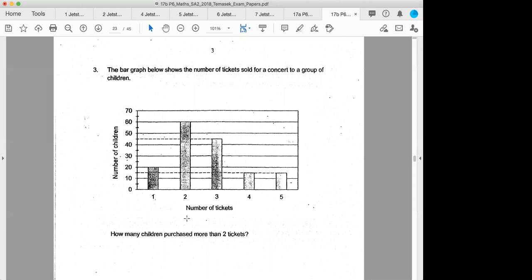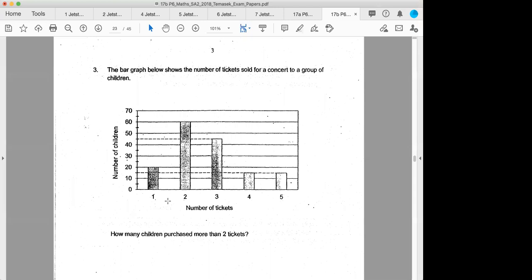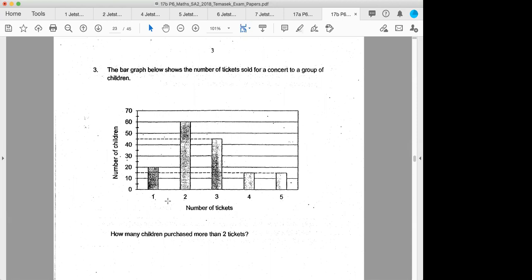Wait, number of tickets means number of children. This is the number of children who bought more than 2 tickets. So more than 2 tickets is 3 tickets, 4 tickets, 5 tickets. How many children altogether bought that? 75. You all can pass really, no?